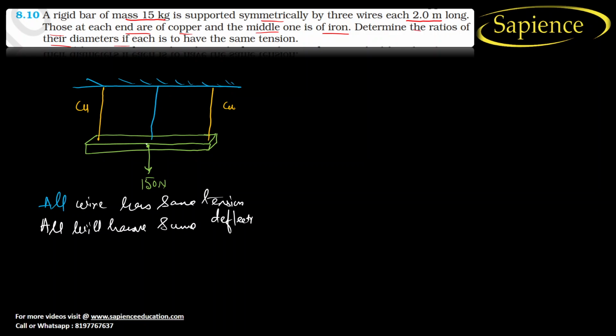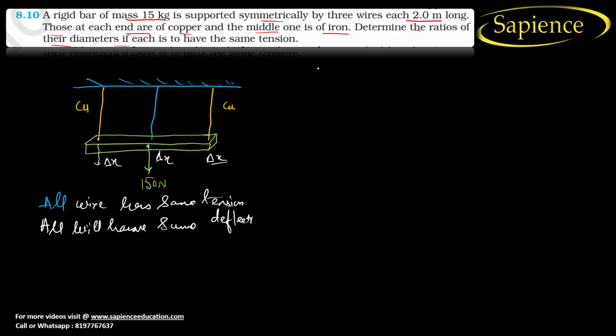Why? Because when it comes down, it has been asked to determine the ratio of the diameters of the 3 wires, those at each end and the middle one. So when it moves down, each and every one will get a deflection of delta x. Here also delta x, here also delta x.